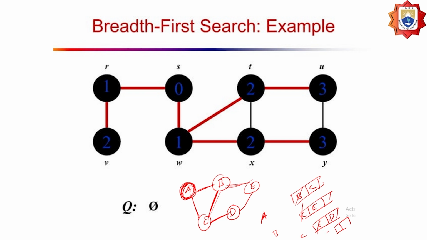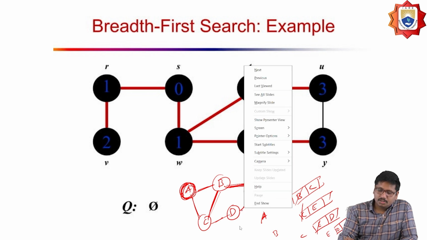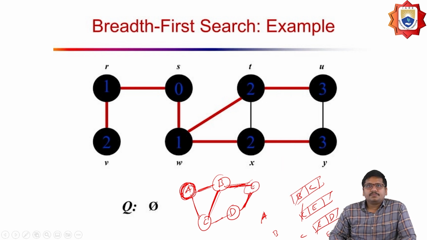D is there, so D is already visited. Next one is E. D is already there. So next one E and then D. So this should be the BFS order of this graph.